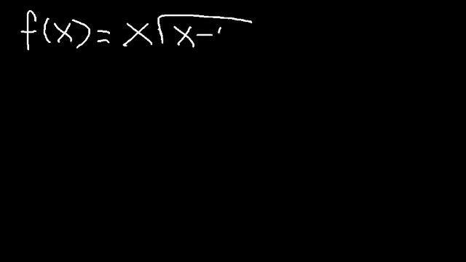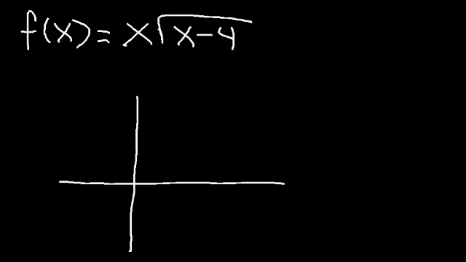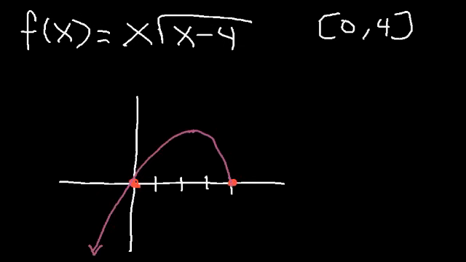Now let's analyze the function graphically. If we graph it, it's going to look something like this. F of 0 is 0 and f of 4 is 0. The function increases and then it decreases, and it stops at 4 because the domain is restricted.